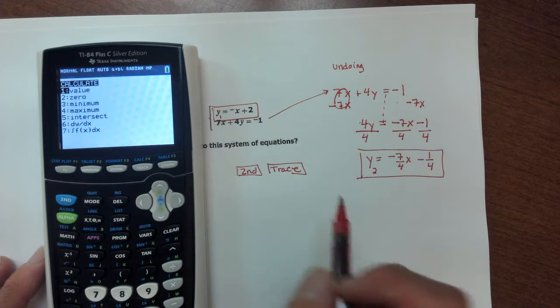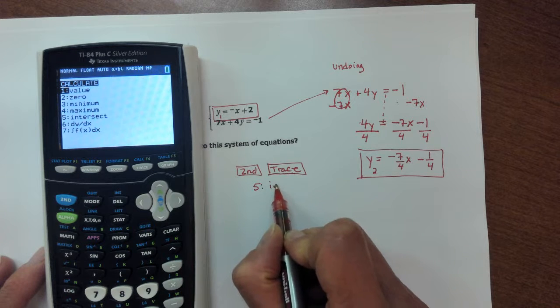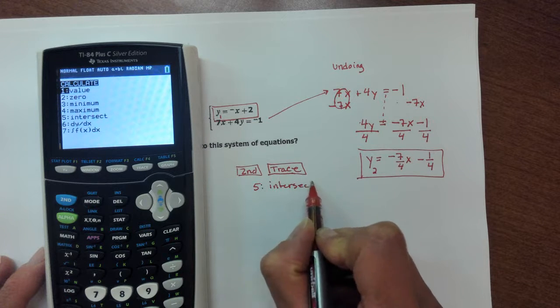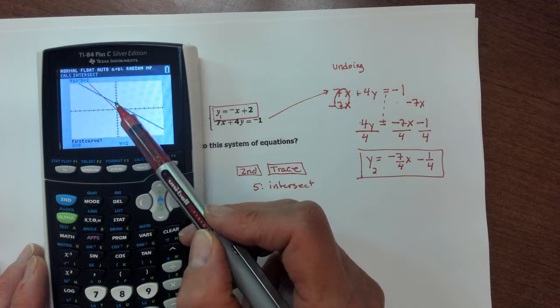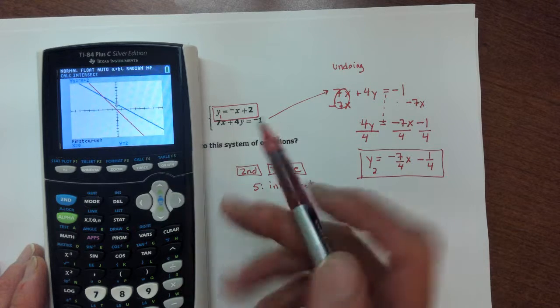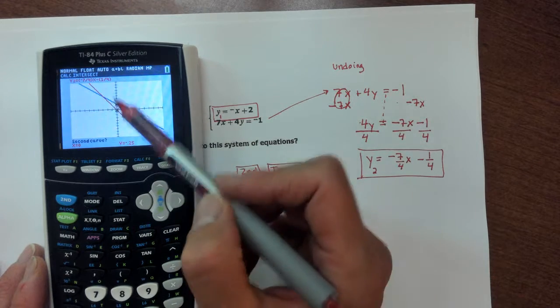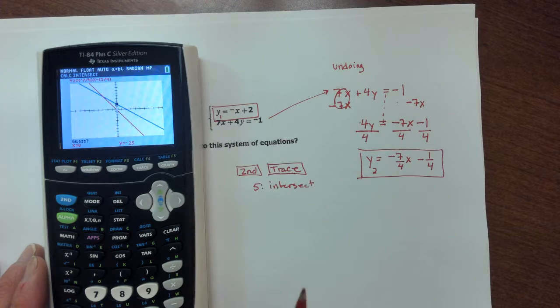Second, trace, and number 5. Number 5 says intersect. I can just push number 5. My cursor is on the first curve, which is the blue one. It's close, so I can push enter. That's on the red curve, second curve, so I push enter. I never guess, I only push enter.